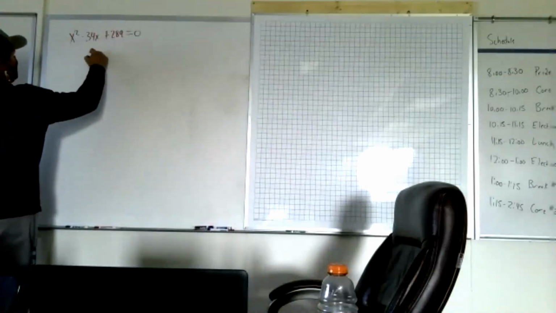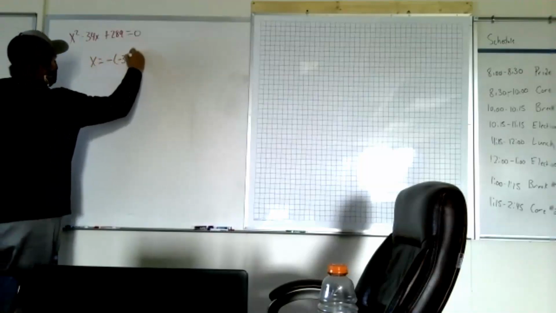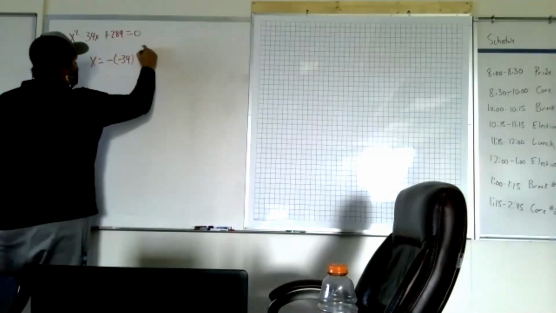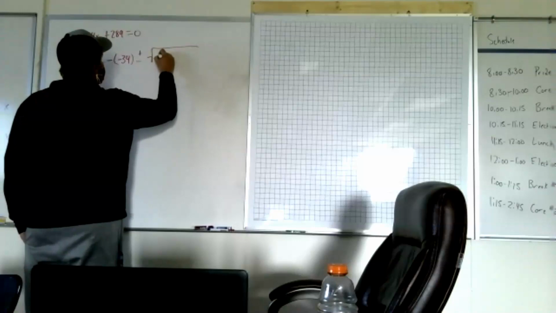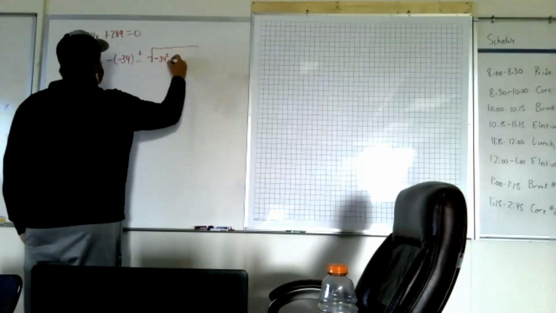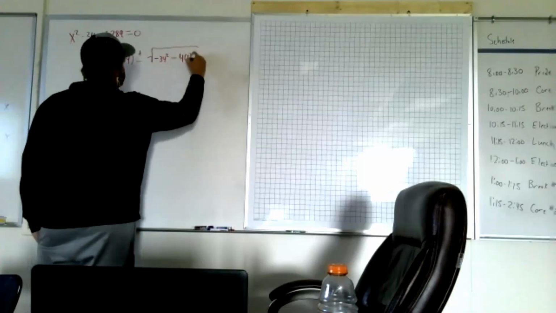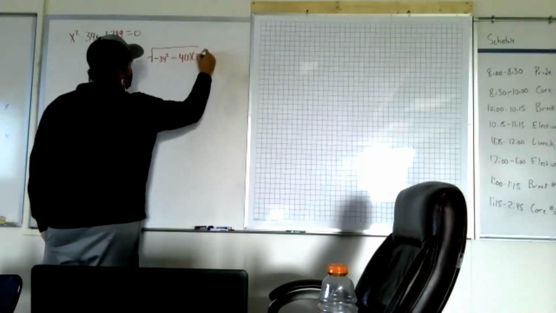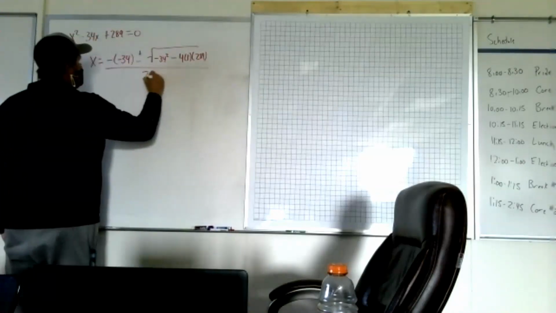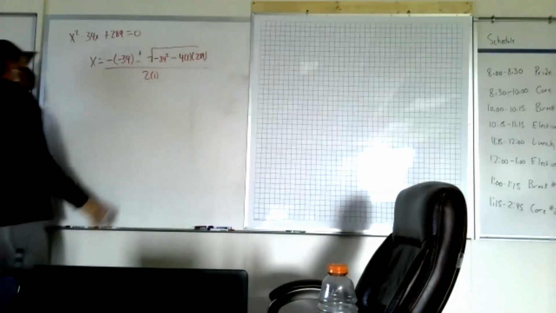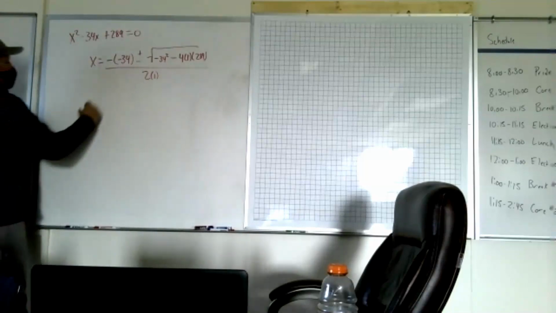So x is equal to negative negative 34 plus or minus the square root of negative 34 squared minus 4 times 1 times 289, all divided by 2 times 1. Just plugging it into the quadratic formula. And then we want to simplify.